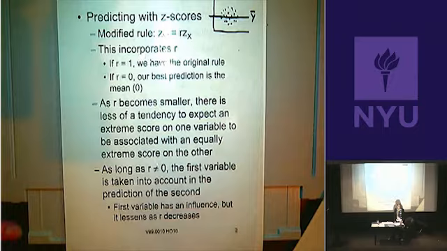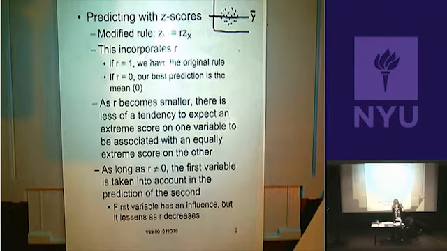So here's the concept behind this. In the absence of correlation, in the absence of a relationship between x and y, if you want to predict y-scores, what's your best guess? What's your best predictor for a y-score? If you have no other information, the mean of the y-scores. That's your best predictor. If x is not helping you in any way, because again, remember what we're trying to do.